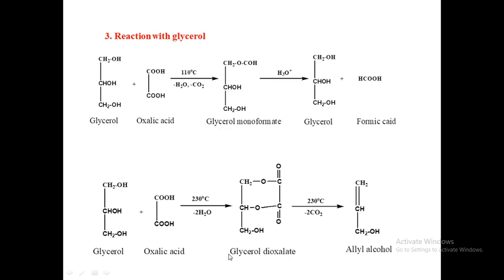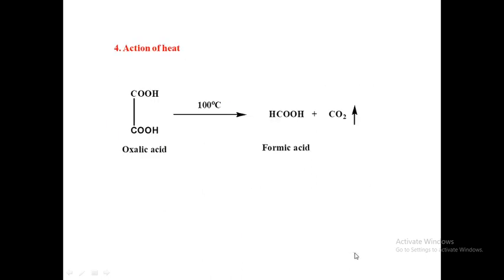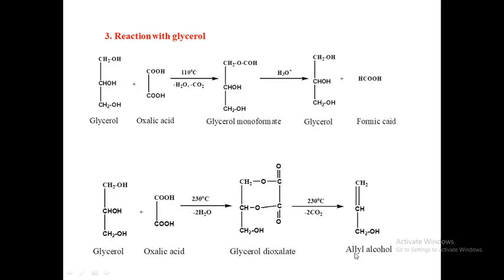Again, this intermediate is heated at 230 degrees Celsius with the elimination of CO2 gas to form allyl alcohol as the final product. This is about the reaction with glycerol.